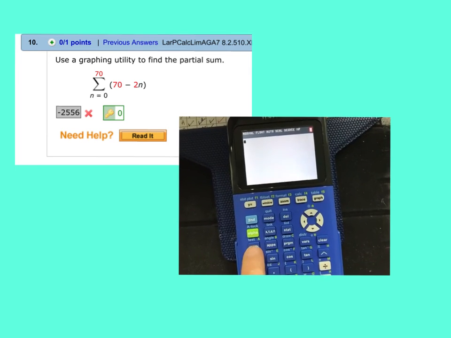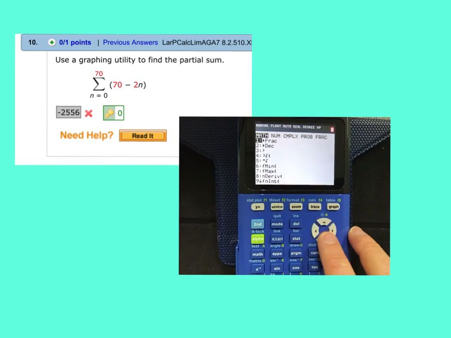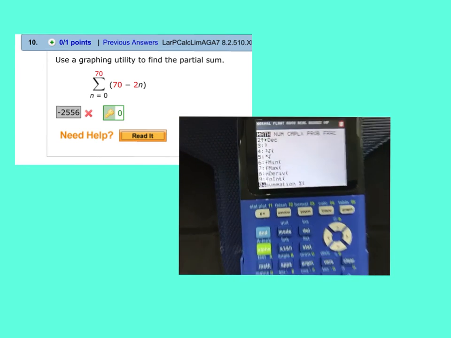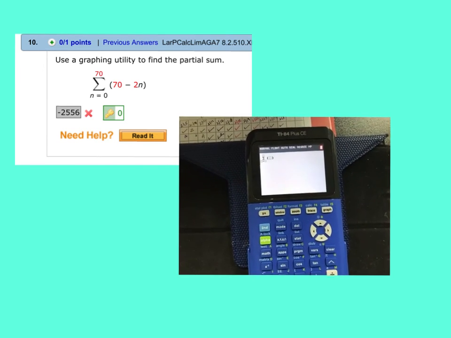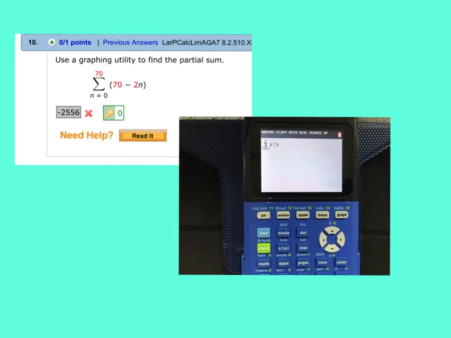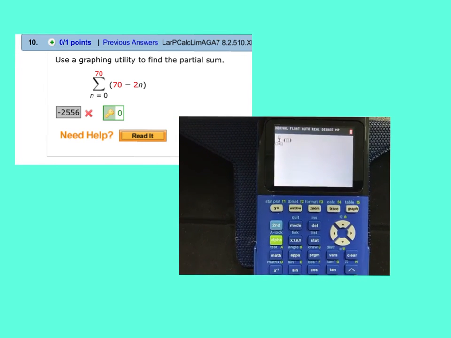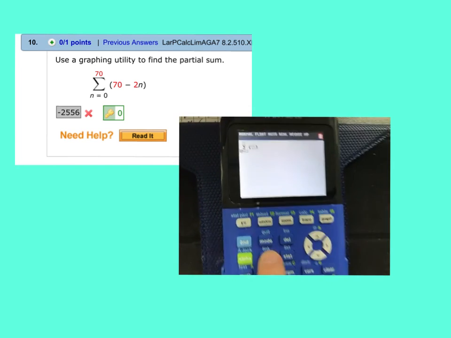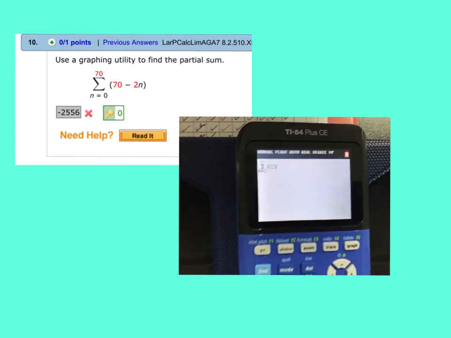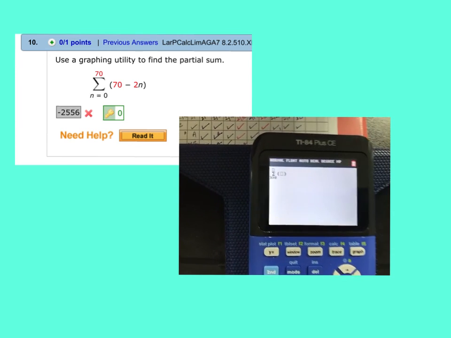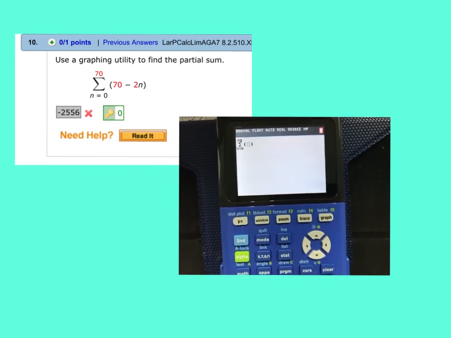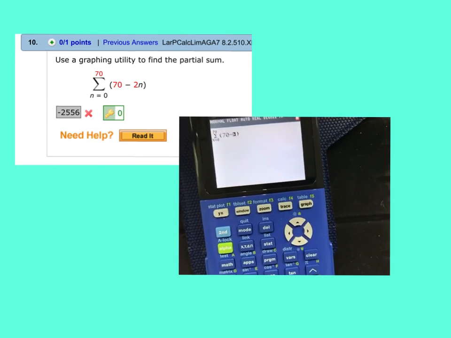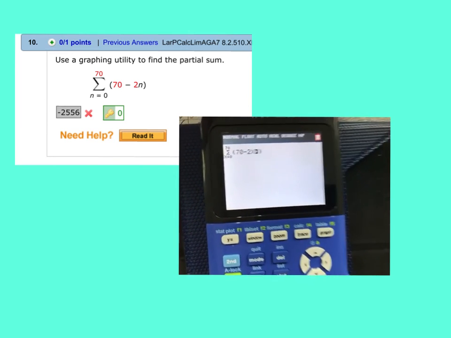I go to math, and I go all the way down to the 0, and that's a summation. I hit that. Then the variable, the question says n, but it doesn't matter, I can use the x. So the x variable button is here. That's x, and it starts at 0. I arrow over, it brings me to the top. It stops at 70 on this question. And then I arrow over, and it's 70 minus 2, my variable again, which is x.